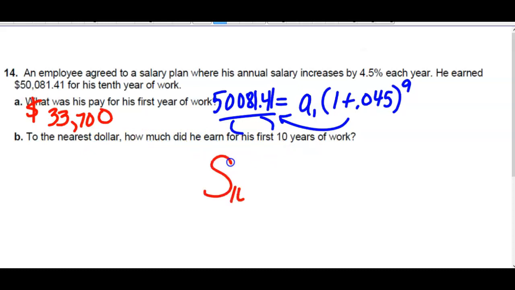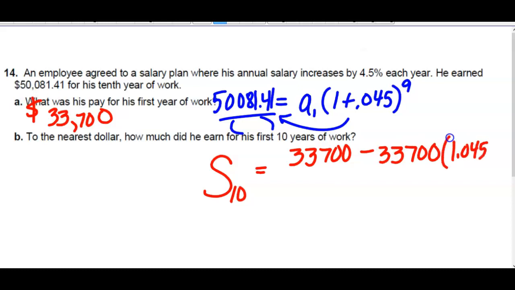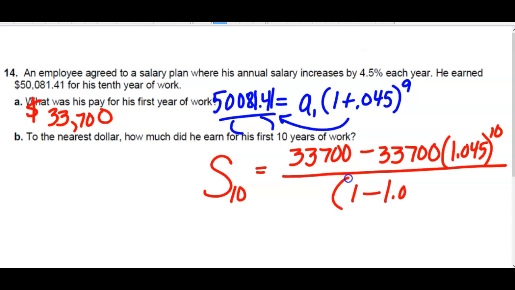So the sum of the first 10 terms: the first term, minus the first term times r to the number of terms you're adding. So it's 1.045 to the 10th all over 1 minus r.